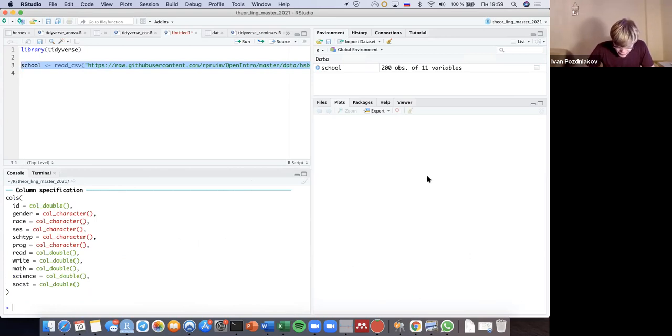I will send you the code in the chat, and don't forget library tidyverse, of course, because we will work with tidyverse. If we have time, but I'm not sure about that for today, we'll also learn a bit more about tidyverse.